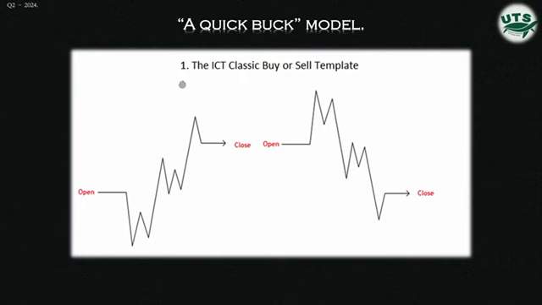What the essence of the ICT buy or sell template is that when bullish, in an ideal scenario, you buy below the open, they open, you get one trade here, trade number 2, trade number 3, a classic buy candle.